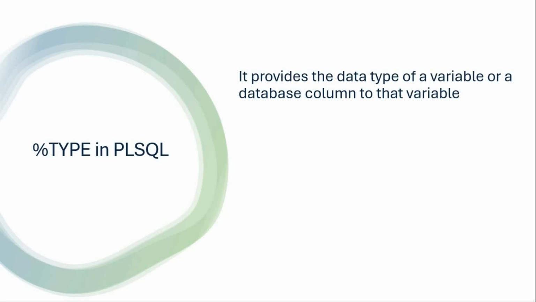So basically, while declaring a variable, if we want to refer the data type of that variable to the data type of a particular column in a table or some other variable, then we have to use the percent type.